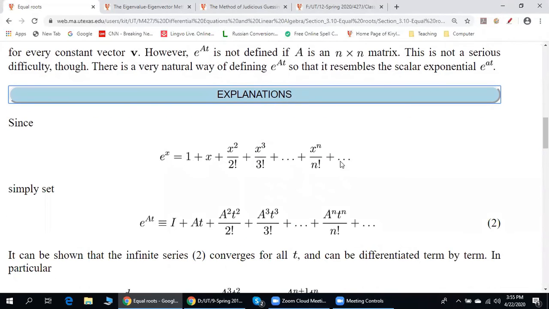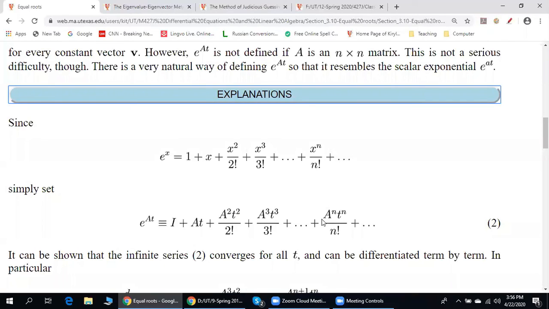However, if in this formula we replace 1 by the identity matrix and x everywhere by At, the right-hand side makes perfect sense, because we know what a square is, we know what a cube is, we know how to multiply a matrix by a variable, we know how to multiply a matrix by 1 over, say, 3 factorial, we know how to add matrices.